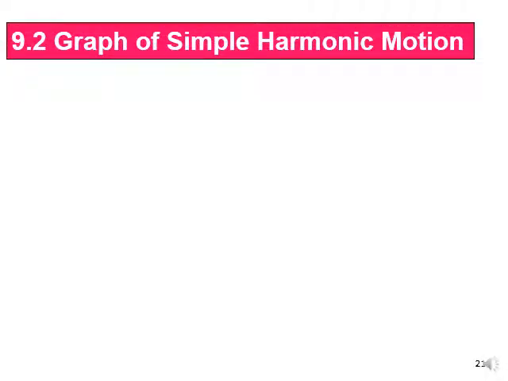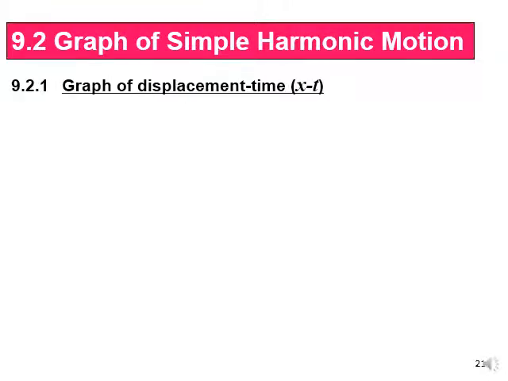9.2 Graph of simple harmonic motion. First, the graph of displacement against time. Since x is equal to A sin omega t, at t equal to 0, x equal to 0, which means there is no initial phase angle.